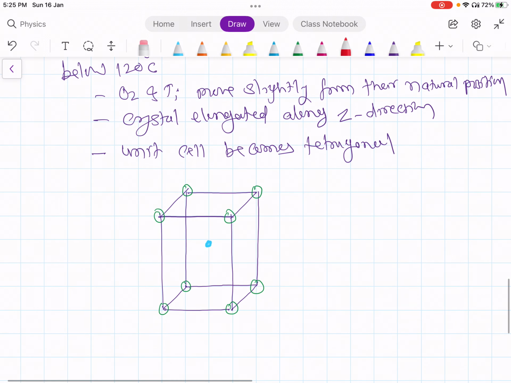Let's show by red color. So one is here, one is here. This is back side. This is the front side surface. Face center of this and face center of this. Let's see their symmetry.